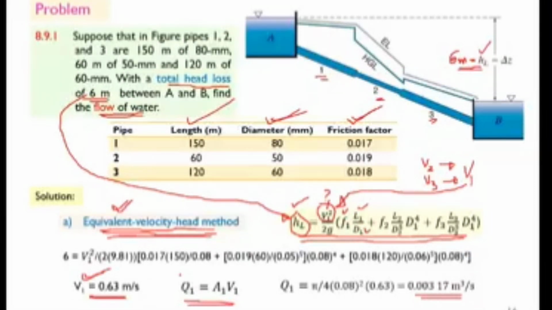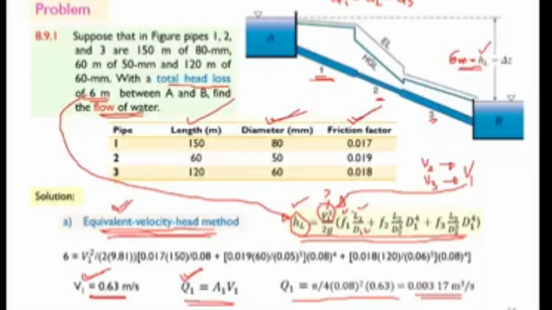Then we can easily calculate Q1, which is the discharge through pipe 1. We already know that Q1 is equal to Q2 equal to Q3.